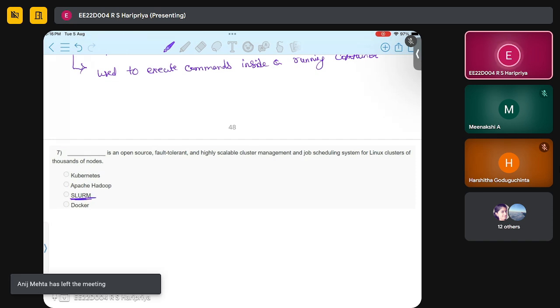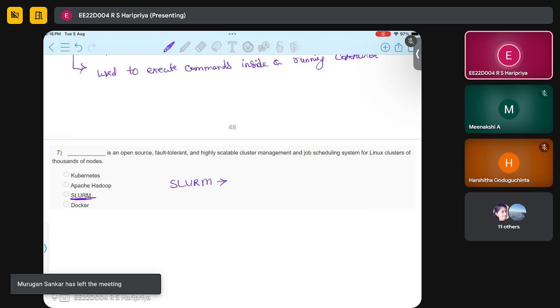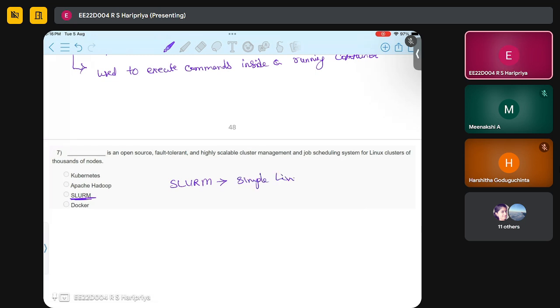That is SLURM. This stands for Simple Linux Utility for Resource Management. And this is an open source, fault tolerant, and highly scalable cluster management and job scheduling system for Linux with thousands of nodes.